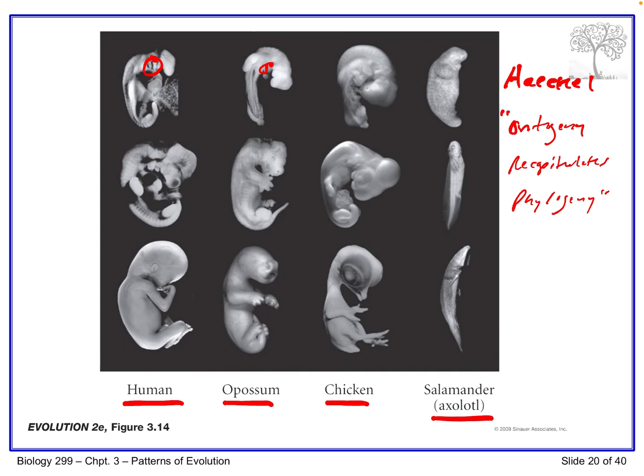They do in fish, and these features are present in all these other groups, but only in fish they become gills. In these other terrestrial species, they don't become gills, but the rudiments of them are there early on. They actually develop into other features entirely in the fully formed animal. So this idea of ontogeny recapitulating phylogeny, while it sounds good, it isn't really borne out in most cases, although there is some nugget of truth to it.